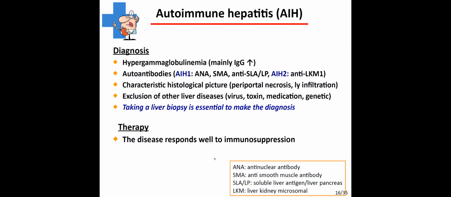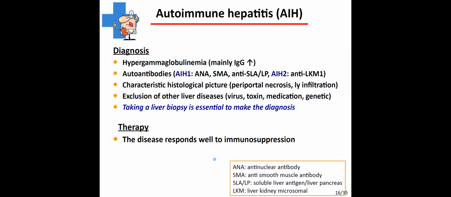Now, what we have to do to detect autoimmune hepatitis. First of all, we have to measure increased immunoglobulin levels, mostly IgG, which is the chronic form.